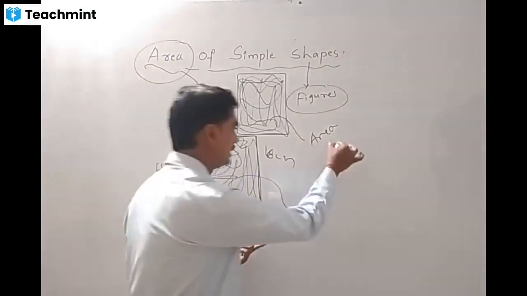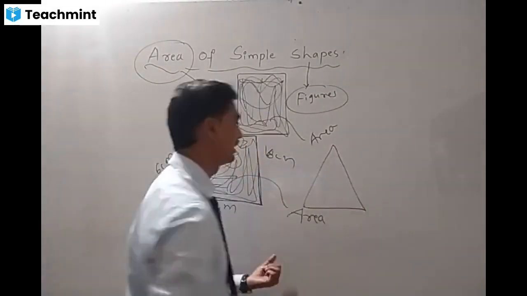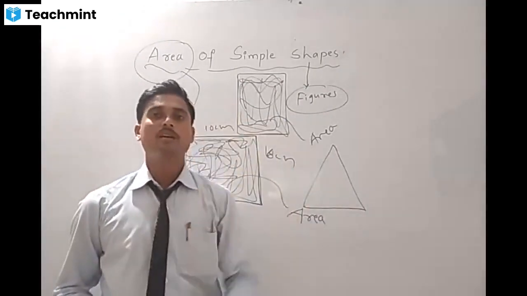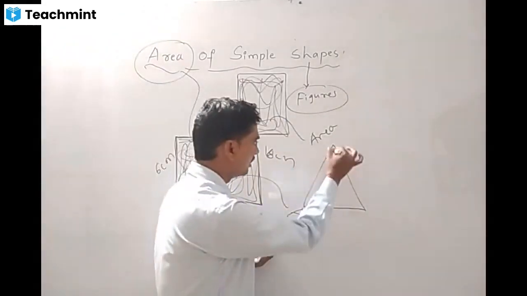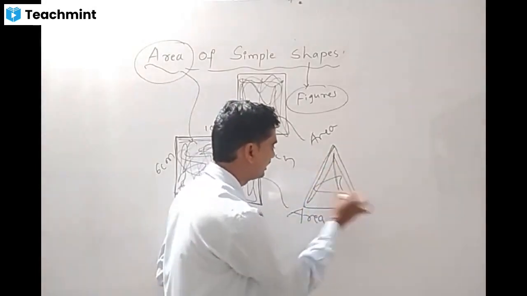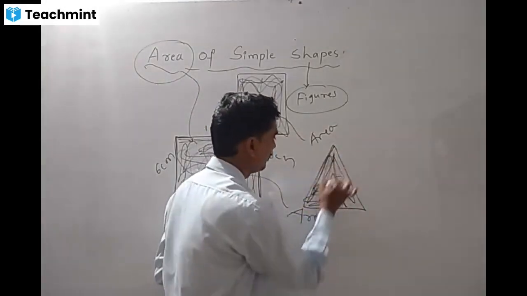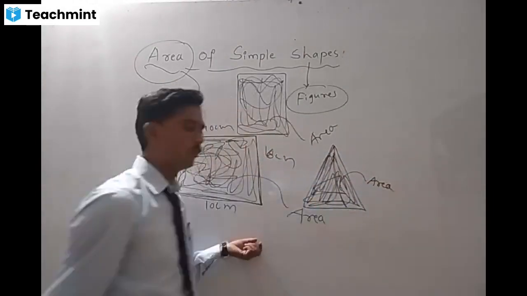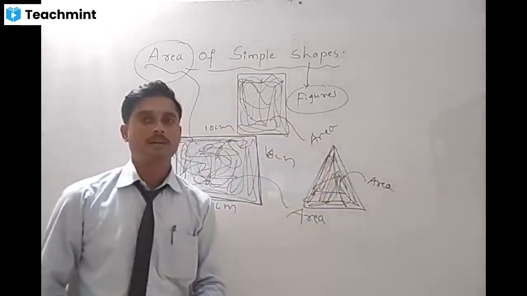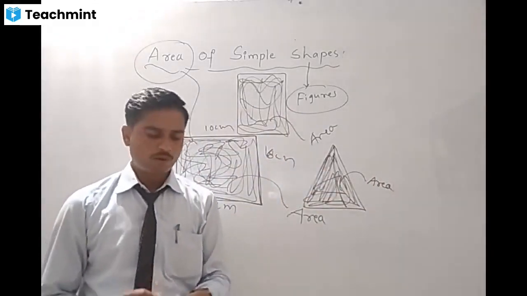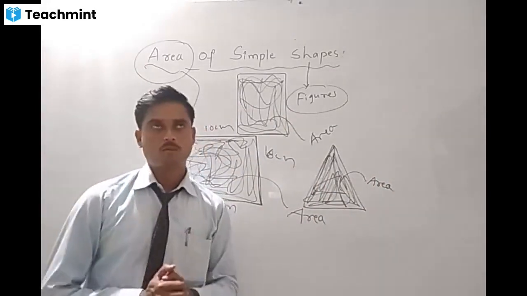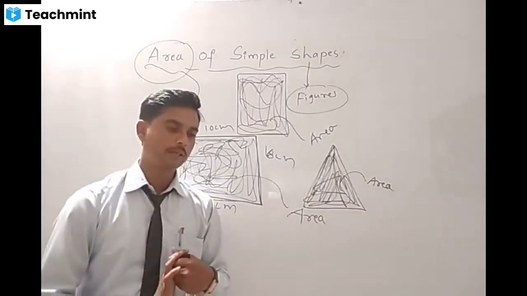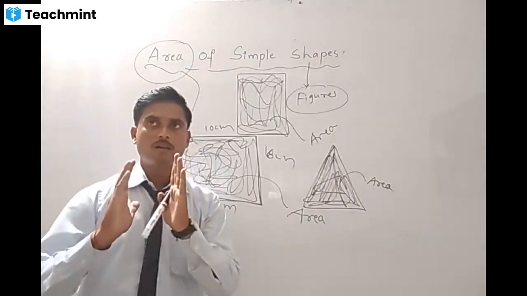For example, this is one triangle figure. How much place is inside this figure? This is area. Remember, in your home there are many rooms and a hall.